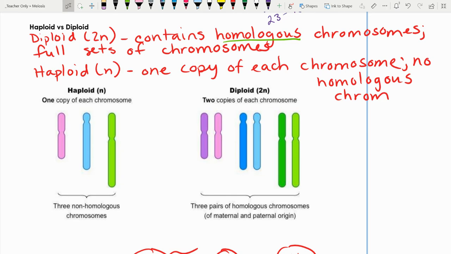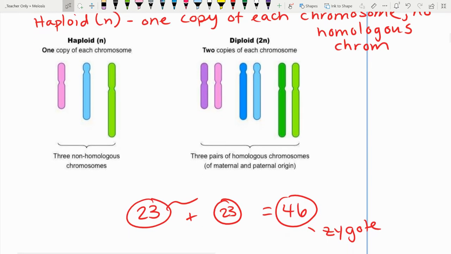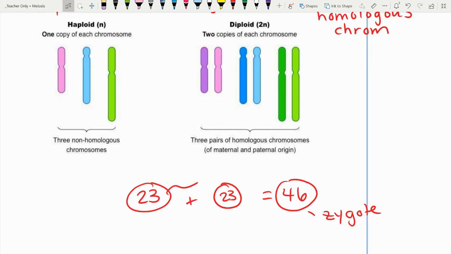All right, I'm moving on. Pause if you need. In the case of sex cells, sperm and egg, we have our little sperm here with the tail, and we have our egg. These are haploid.